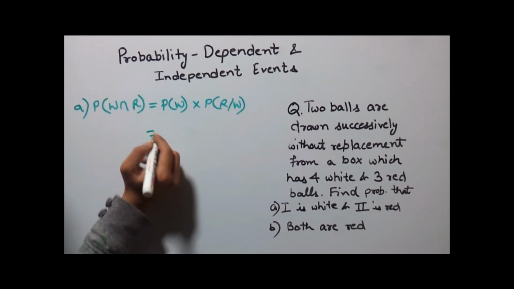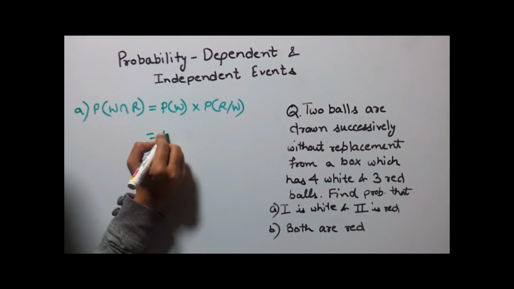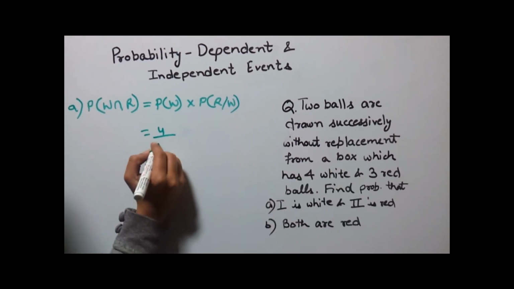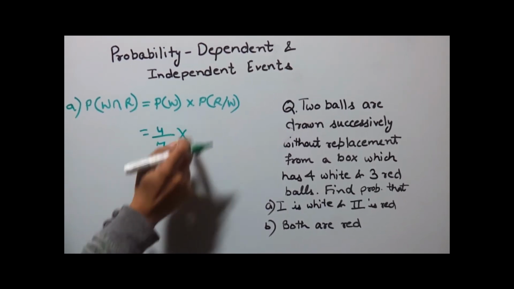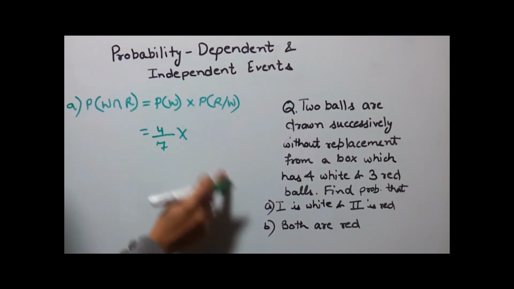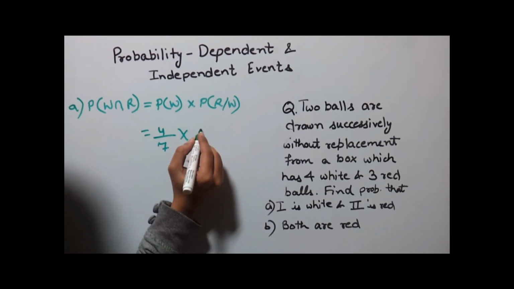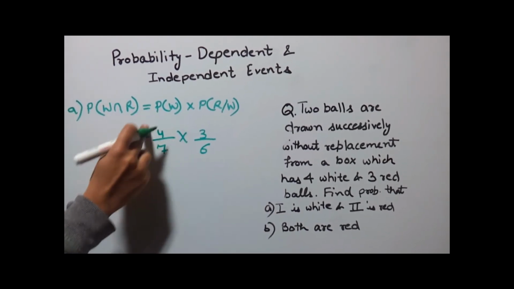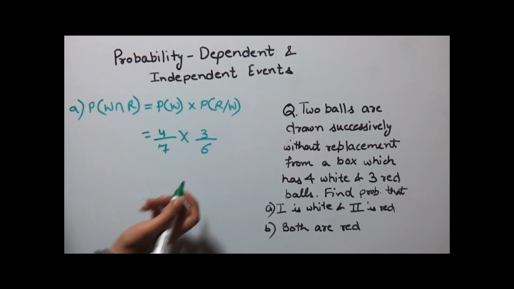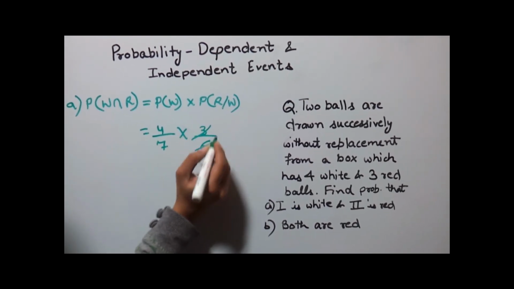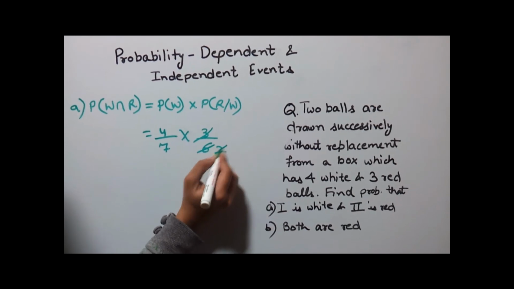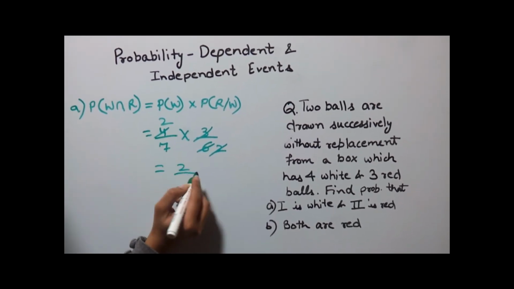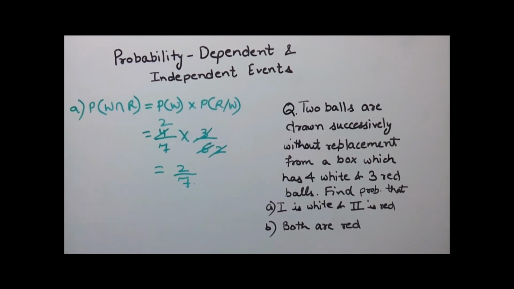Probability of white will be 4 divided by the total number of outcomes, which is 4 plus 3, 7, into probability of red. Probability of red: there are 3 red balls divided by 6. 6 is there because one ball has already been taken out, which gives us 4 by 7 into 3 by 6, which is 1 by 2, and we get 2 by 7 as the answer.